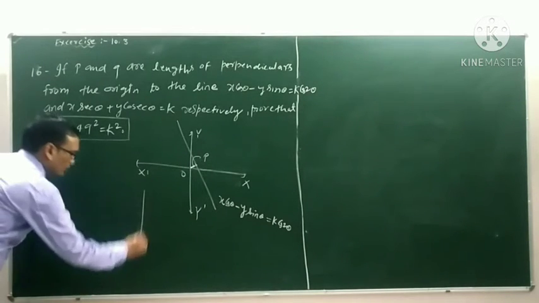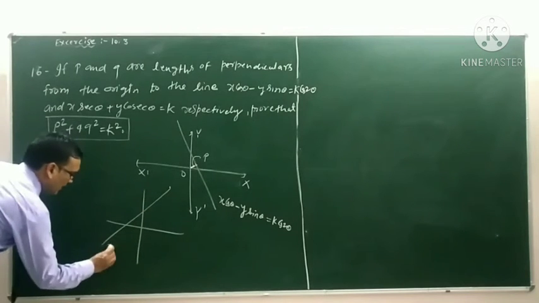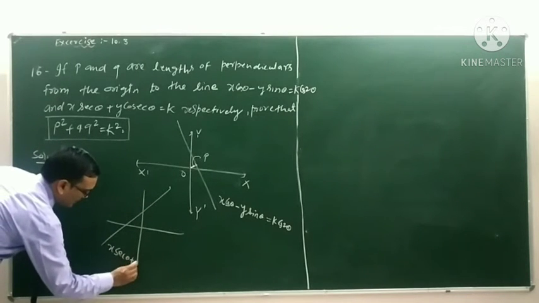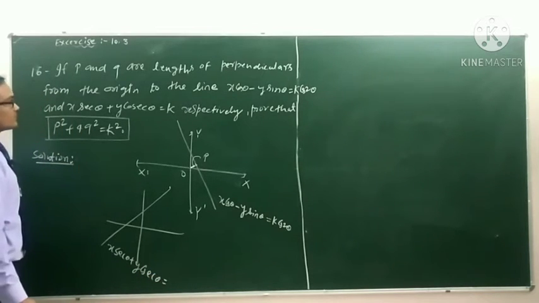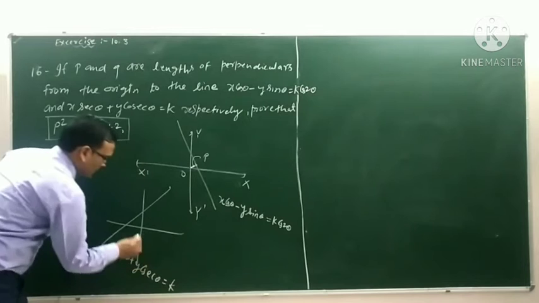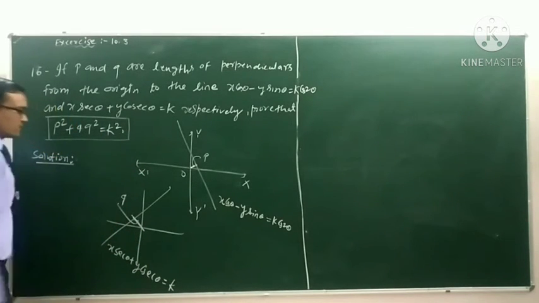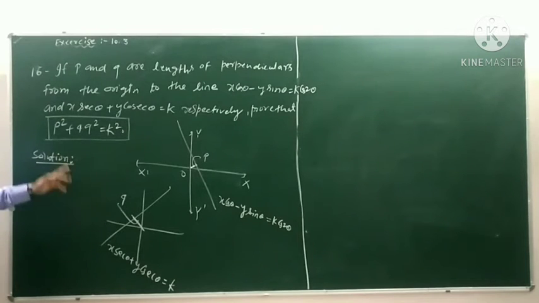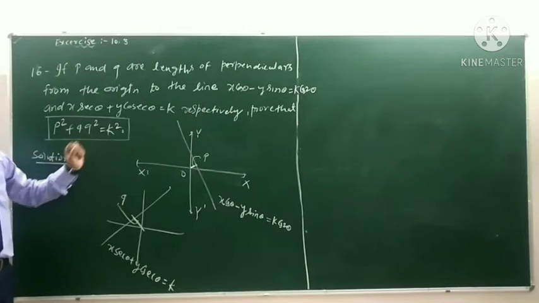And suppose that for the line x sec theta plus y cosec theta is equal to k, this distance is q. Then prove that p square plus 4q square is equal to k square.